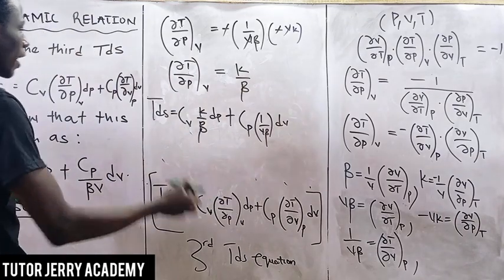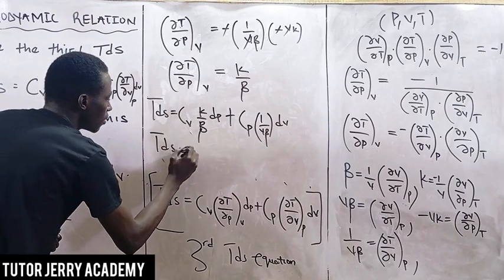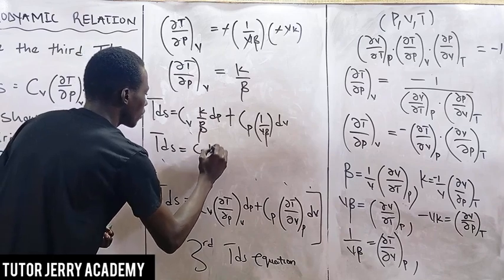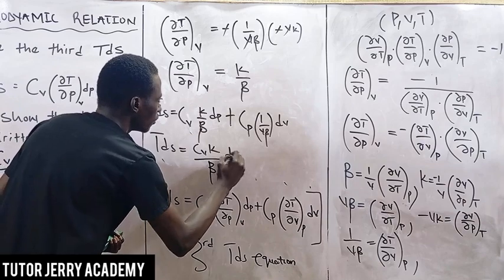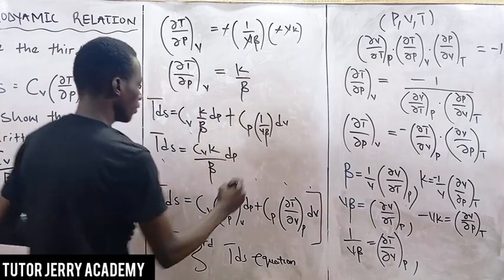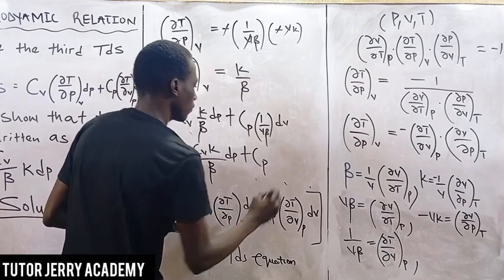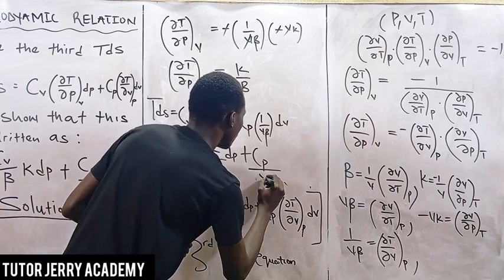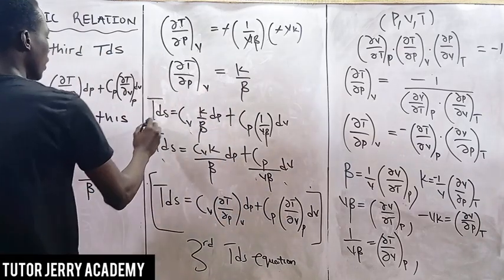So finally, I can say that my TDS equation is equal to Cv multiplied by k all over beta dp plus Cp all over v beta dv, and this is what I have.